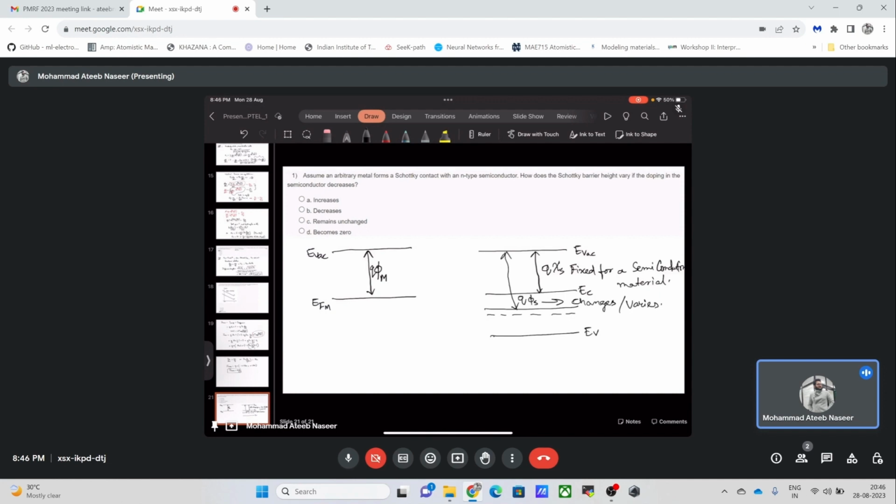For example, metal work function greater than the semiconductor work function, considering the material is n type. The other case would be the metal work function is less than the semiconductor work function, and the material is n type in that case also. And for p type, similarly, the metal work function is greater and the metal work function is less. So for all those four cases, I want you people to draw the energy band diagrams by yourself.